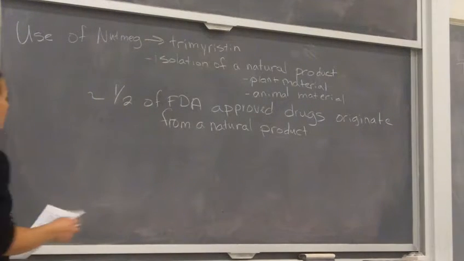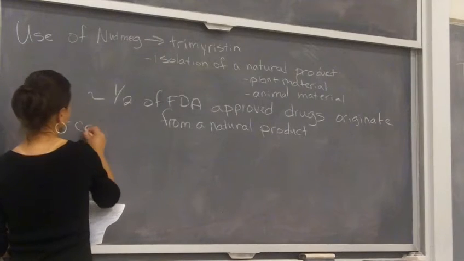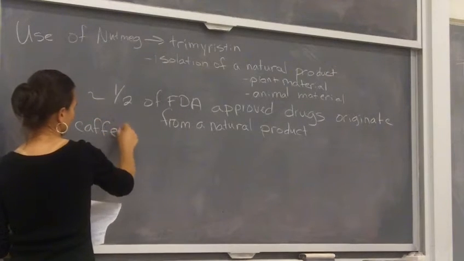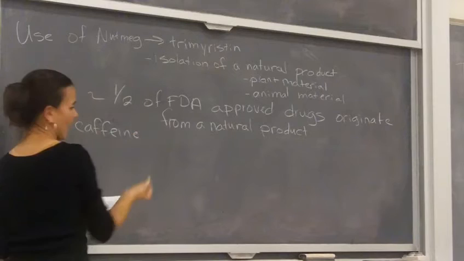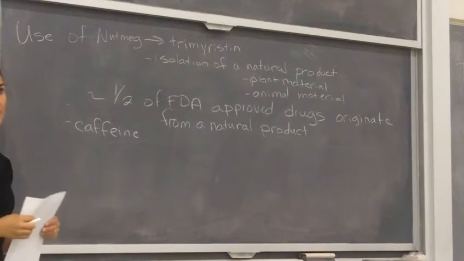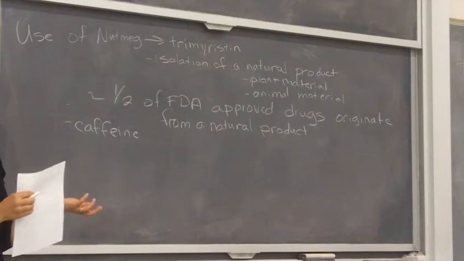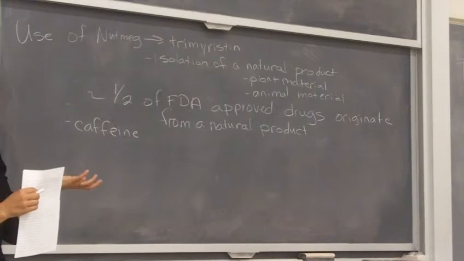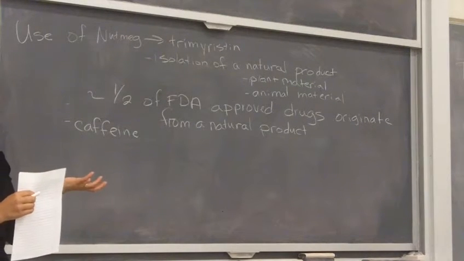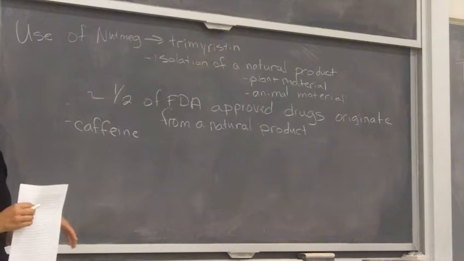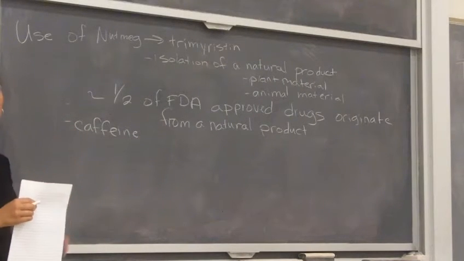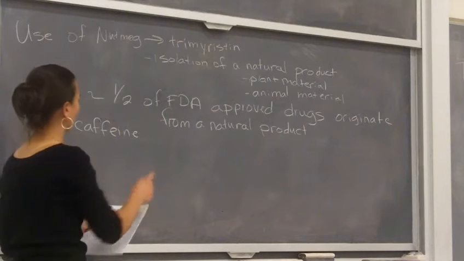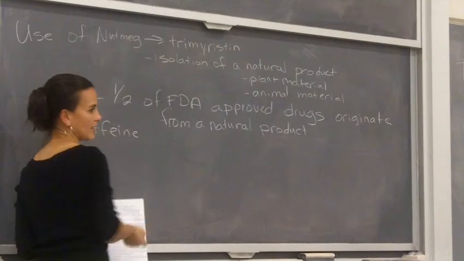Another example of something that is a natural product is caffeine, right? Either you're drinking coffee or you're drinking tea, those are both examples of extractions, right? You're extracting from a solid to get something in a liquid solution, and part of what you get out of that is caffeine.